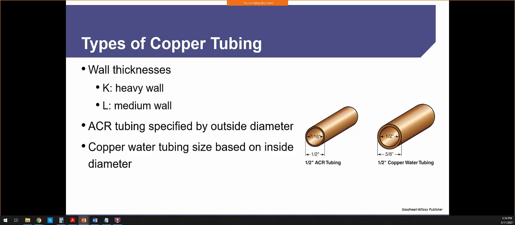So we have to keep that in mind when we are working on different applications. The reason they do this is so that if you were to try to use just traditional copper, medium wall type L, and put that into an ACR application, it's just not going to fit because of the difference in size.